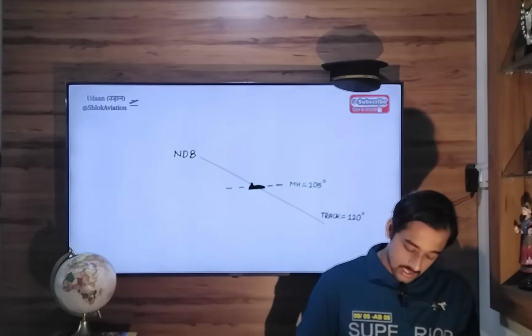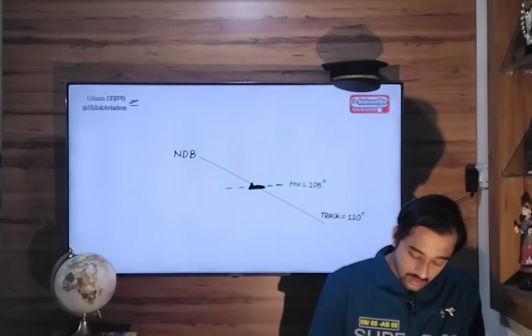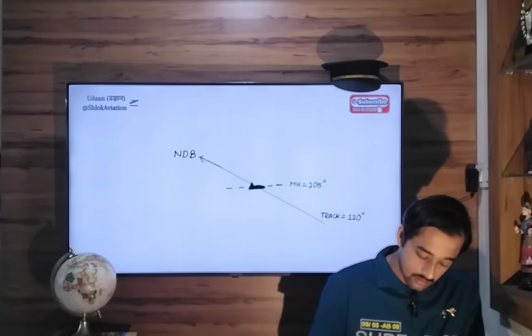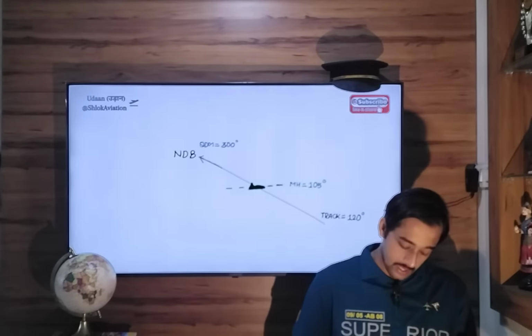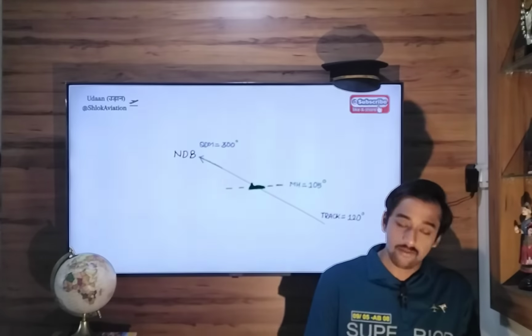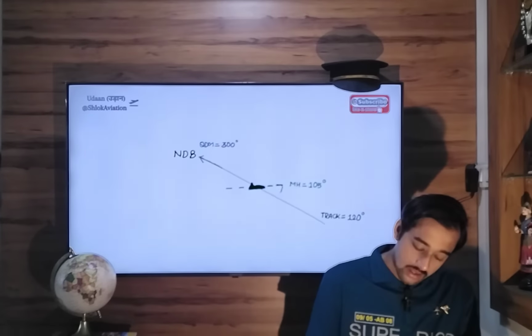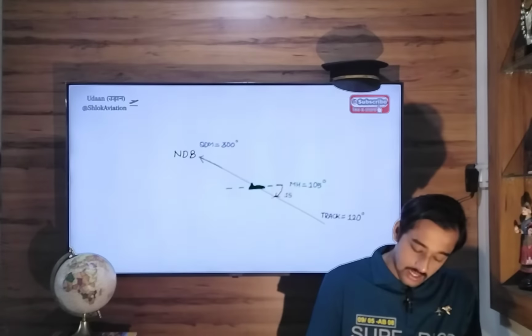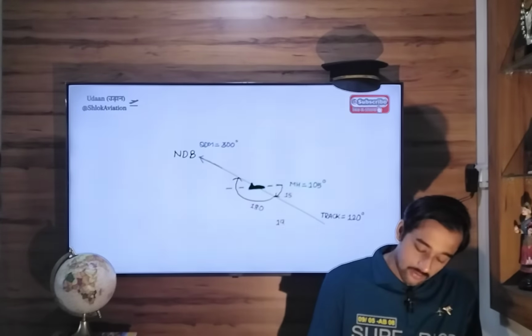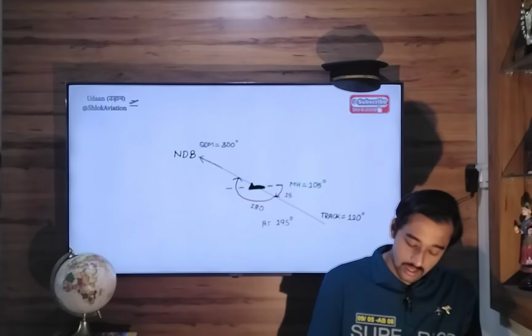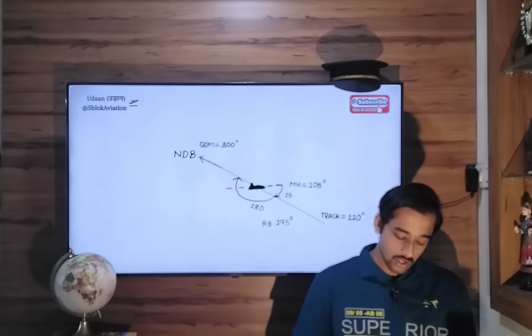QDM, track towards the station, is what? 300 degrees. So now what will be the relative bearing? Relative bearing will start from your magnetic heading, this, which is 15 degree, plus this entire thing, which is 180 degree. So total will be 195 degrees the relative bearing. So remember this. This is how you do it.